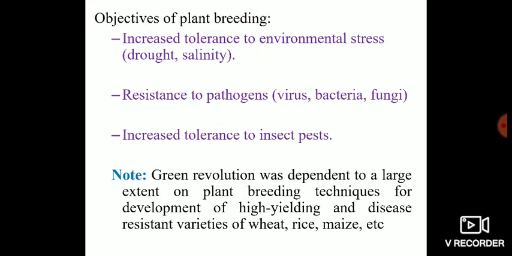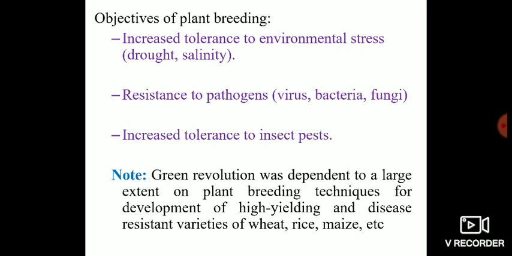Now, the objectives of plant breeding. The first objective is to have plant varieties which have increased tolerance to environmental stress.